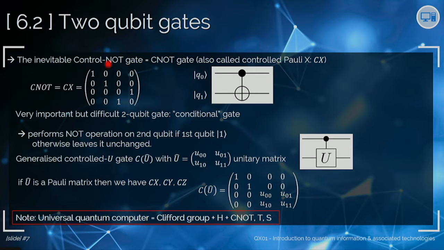And so that means that the CNOT gate is basically a particular case of the controlled U gate. Once again, it depends on the systems. For some systems, it's in fact easier to do different gates than the CNOT gate, which can be seen as a specific U gate. U standing for unitary matrix.